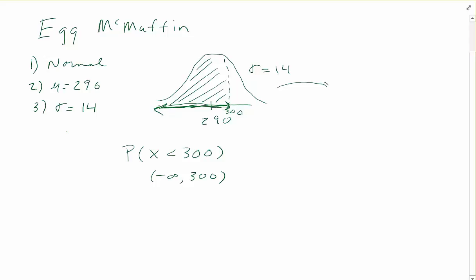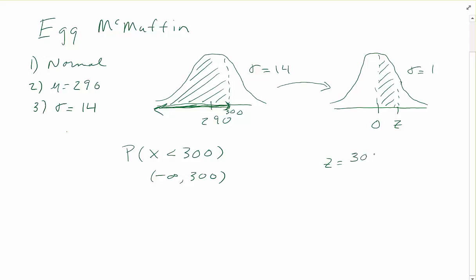To translate this into what's called standard normal, what we were talking about in our last video, where we can use the table, translate my problem here into standard normal. And to do that, I need the z-score. So the z-value for the upper end here of the interval, 300.